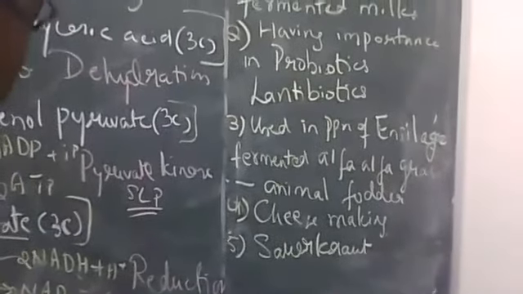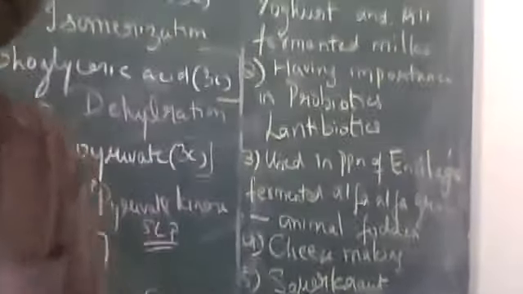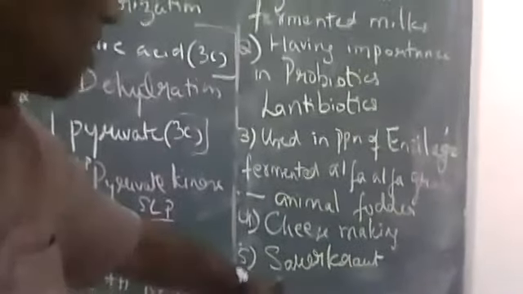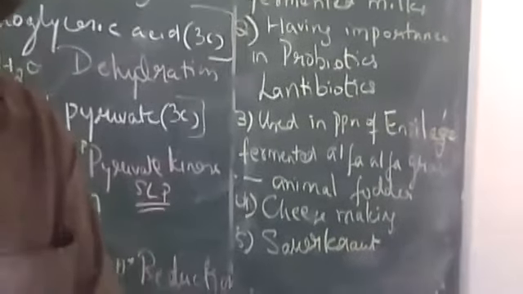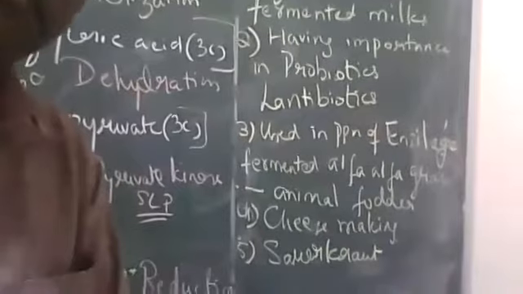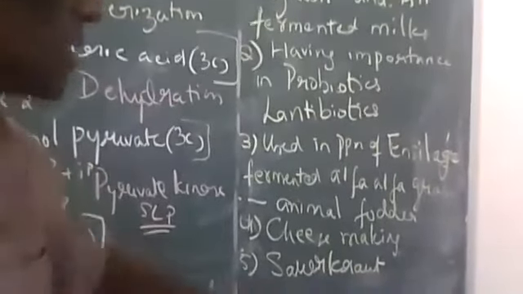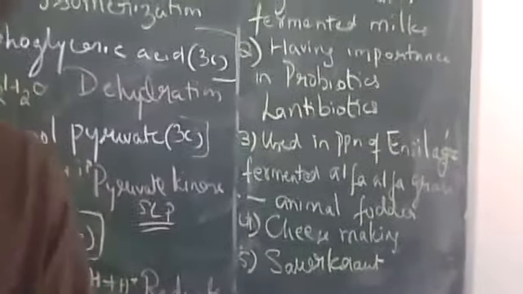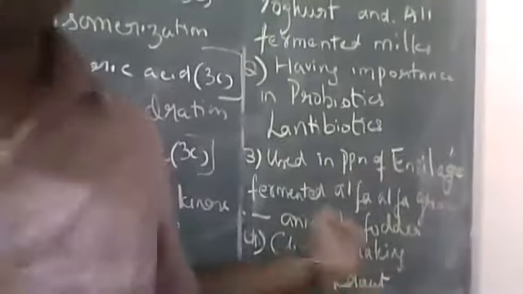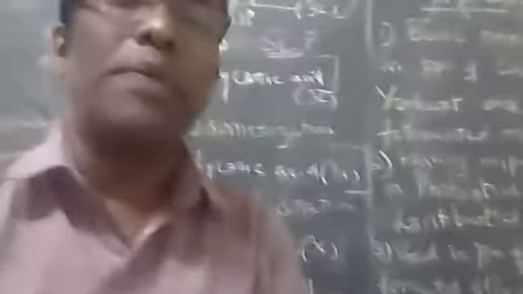Refer to the internet, you'll get some more idea. Cabbage is shredded and put in bottles, just like how we make pickles now. Like that in Western countries, they use sauerkraut. Okay, we have so many applications of lactic acid. Just mention that much. This is only for 1 mark, just to conclude the topic I gave you.